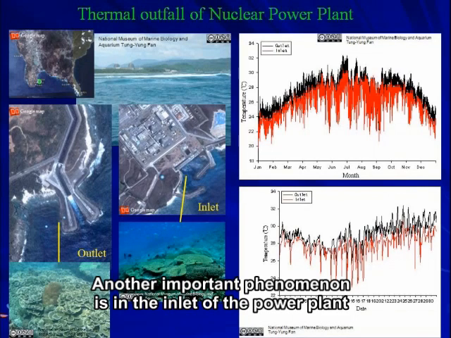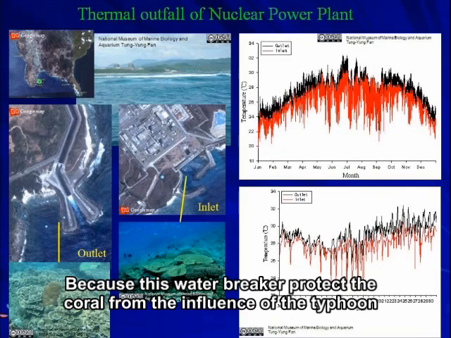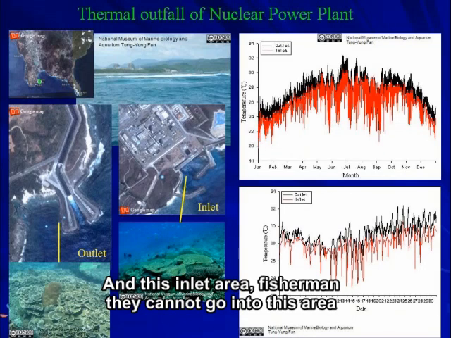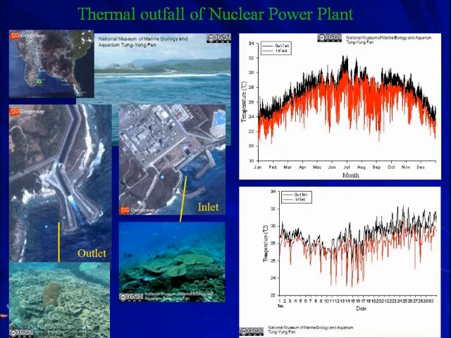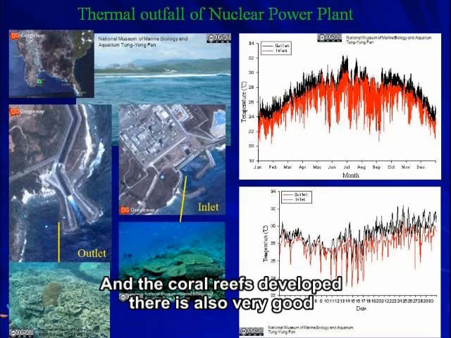Another important phenomenon is at the inlet of the power plant, because this water breaker protects the coral from the influence of typhoons, and in this inlet area fishermen cannot go in, so it also acts as a marine protected area, and the coral reefs developed there are also very good.